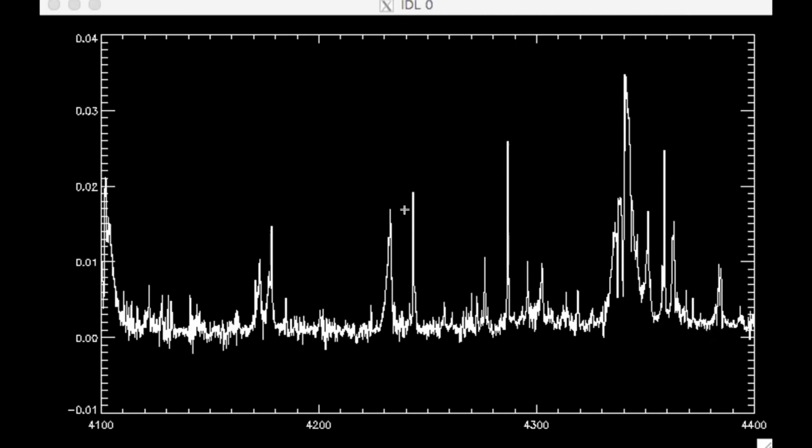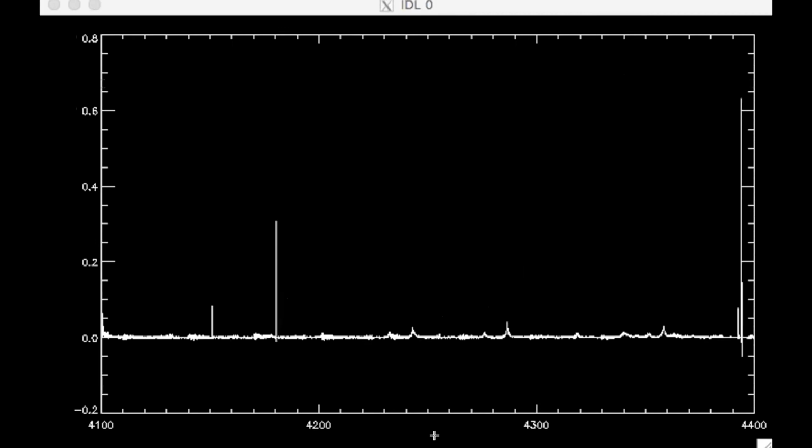This is the relaxation. Now, the reason I'm showing you this is because a couple of weeks later, the spectrum looked different. So, to make sure I get the right one, okay?